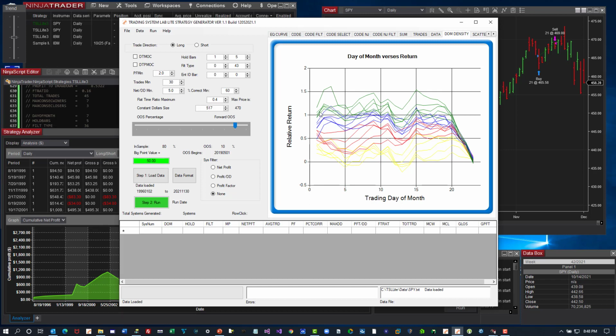Contrast that with going long and holding for 15 to 20 days into the future. Earlier in the month, the first few days of the month, the returns relatively over all of the history are biased more strongly up. That doesn't mean that every month, early in the month, is going to be profitable when you go long.